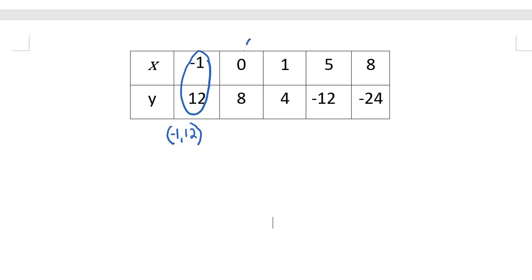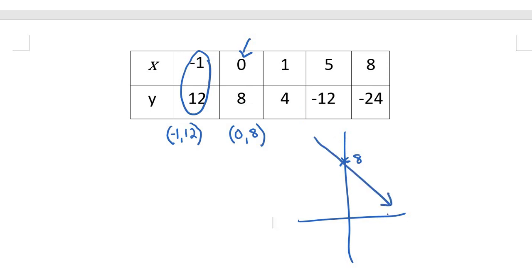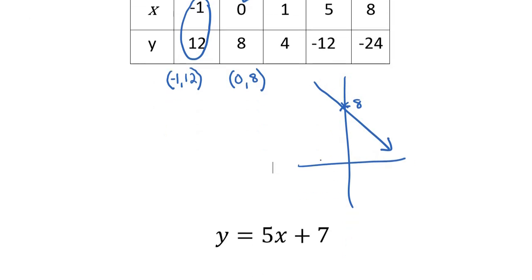Remember, the y-intercept occurs when x equals 0. So my y-intercept is 0, 8. That means on a graph, it would cross the axis at 8. We can see that as my x values increase, my y values decrease, so this one is going to have a negative slope. But the y-intercept is where it crosses the y-axis.